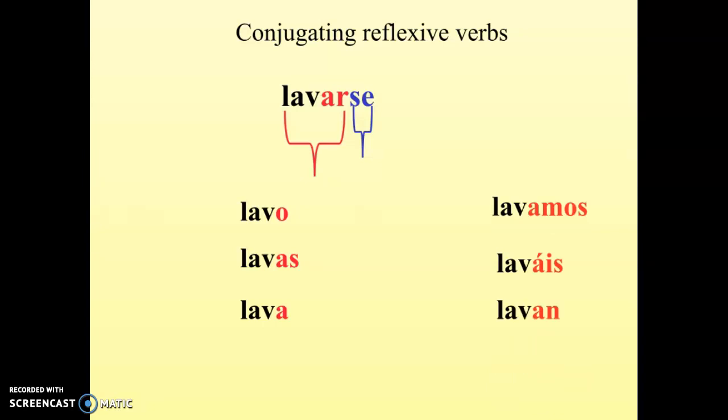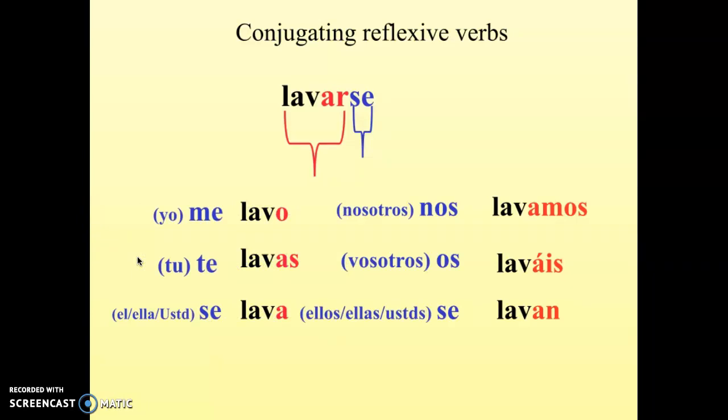So we dissect the reflexive verb, and we take just the infinitive and change the endings to the conjugated present tense endings. Then we add the reflexive pronoun.